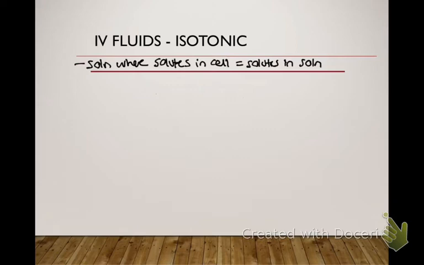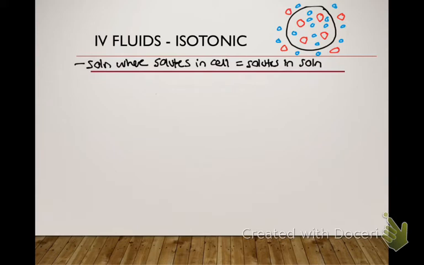So isotonic, that's where everything is the same. So if everything's the same, are we going to have osmosis happening? No. All right? So you have the same number of molecules on the inside and out, and the same number of water molecules on the inside and out. So if we're not having any shift in fluids, where's your fluid expanding?